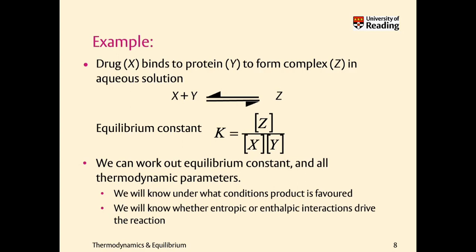So whether it's entropic interactions such as hydrophobic interactions, or enthalpic interactions, say largely electrostatic perhaps, that might be determining the binding of X and Y together to form the complex. And so by this knowledge we can create conditions that would favour the formation of the complex.